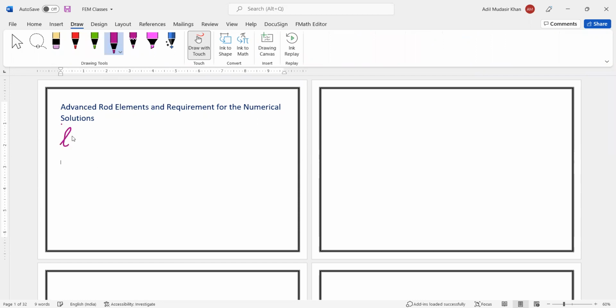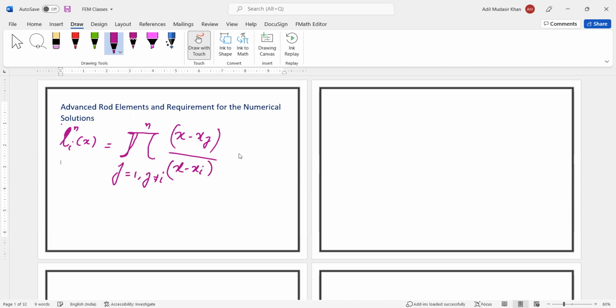I was talking about the normalized Lagrangian polynomial Li n as a function of x, which is equal, in terms of the product symbol, to the product over j going from 1 to n, with j not equal to i, of (x minus xj) divided by (xi minus xj).